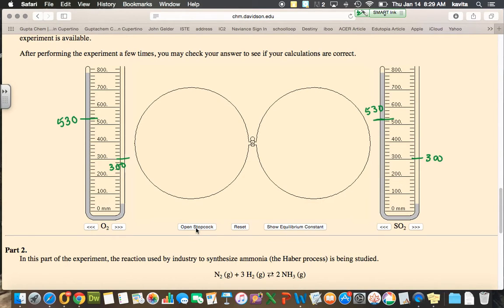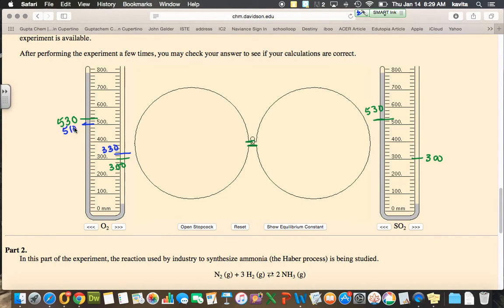And then when we open the stopcock, now both the gases mixed. Note that now the two chambers are connected to each other once you open this opening. And after you opened it, the pressure in both the manometers is the same. And that pressure is 510 minus 330.